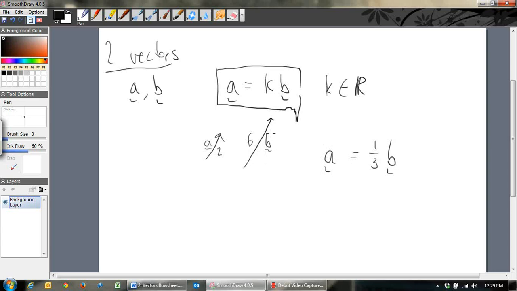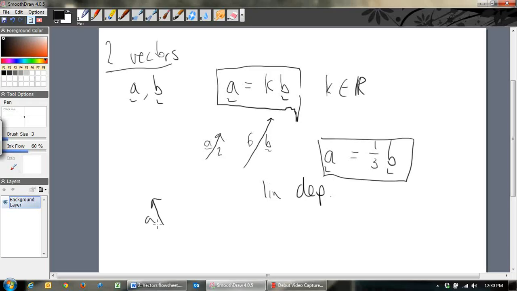And so what we've got here is two parallel vectors, and what this means is that A and B are linearly dependent, because we can write one in terms of the other. A is equal to 1/3 of B. We can write A in terms of B, therefore they're linearly dependent. Let's do another example.